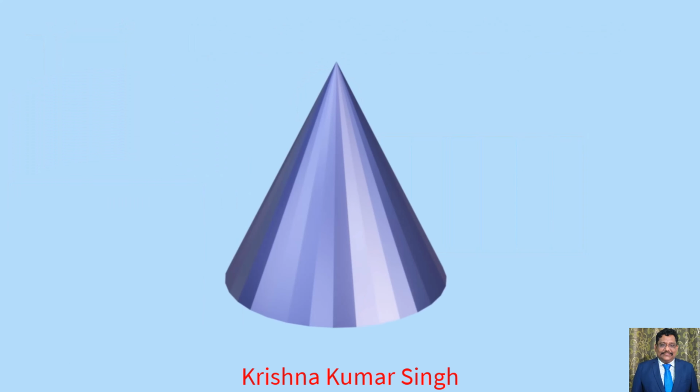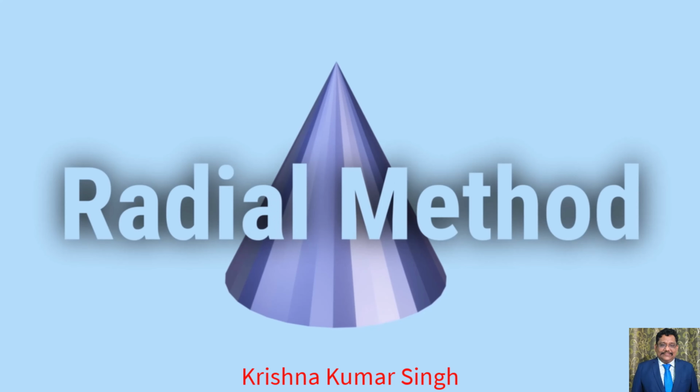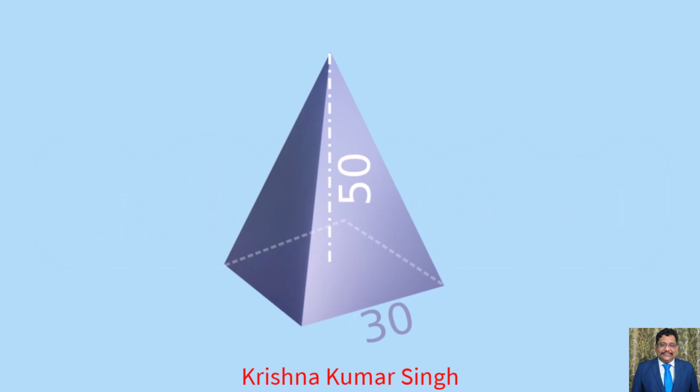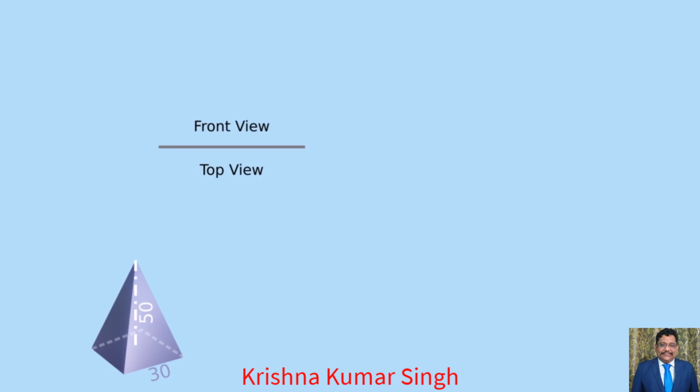Now let's see how to develop solids which are composed of an apex, like cones. For the development of these types of solids, the radial method is used. So we are going to develop a pyramid using the radial line method. We are developing a square pyramid of base edge 30 mm and axis 50 mm. Step 1. Firstly, draw the top and front view of the square pyramid.